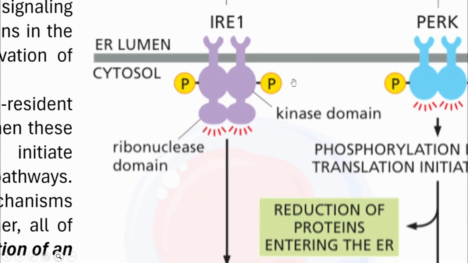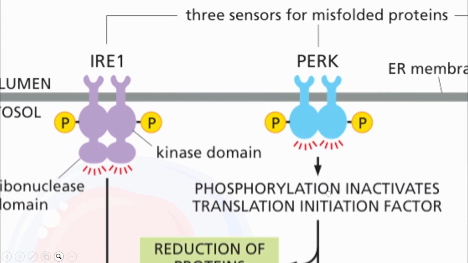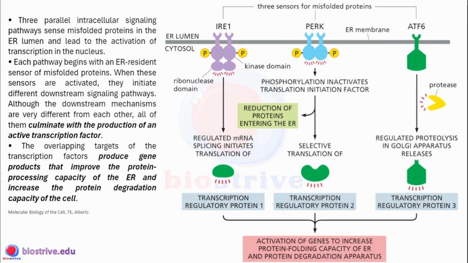As you can see, there are three stress receptors: IRE1, PERK and ATF6. All these stress receptors are activated and they will finally produce transcription factors, and overlapping targets of these transcription factors will produce gene products that improve the protein processing capability.